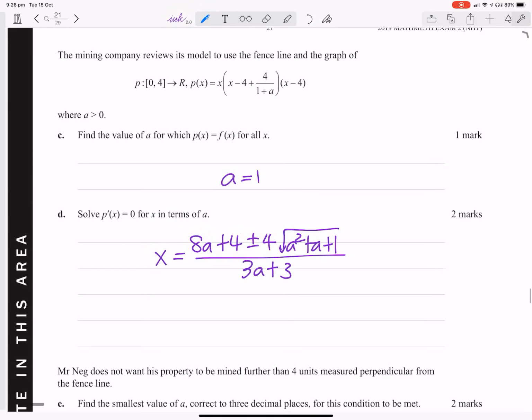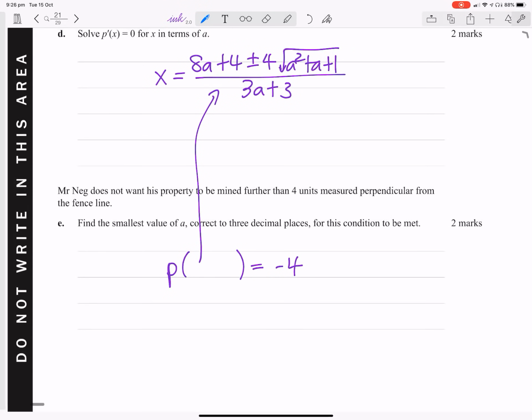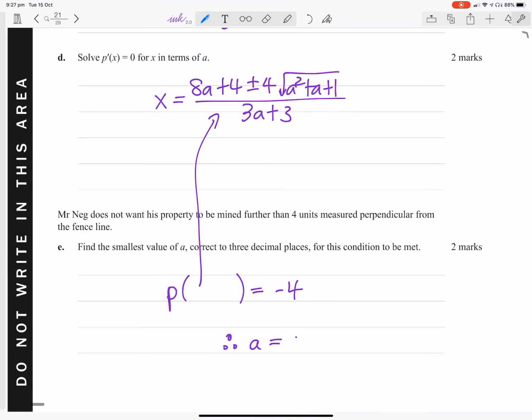So we say P of that equals negative 4. Therefore, a equals 0.716.